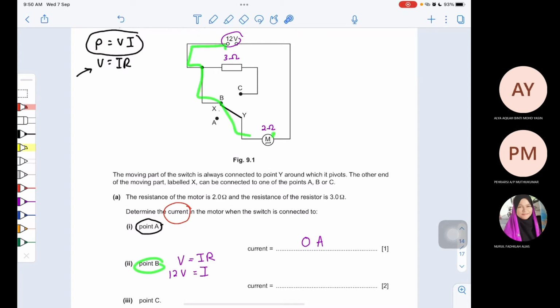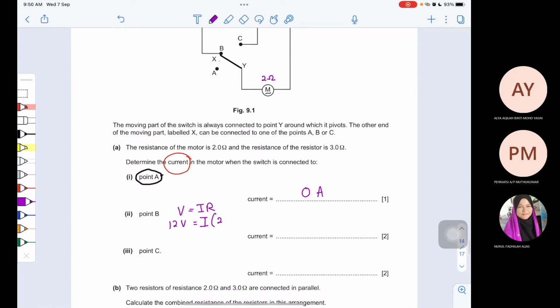Jadi only this component yang works. Jadi what is the total resistance? Total resistance is only 2 ohms. Jadi kat sini 2. So what's the I? We just rearrange the formula. 12 volt divided by 2 ohm. That gives us 6. 6 apa? 6 ampere. Because it's current. Ataupun V over ohm.